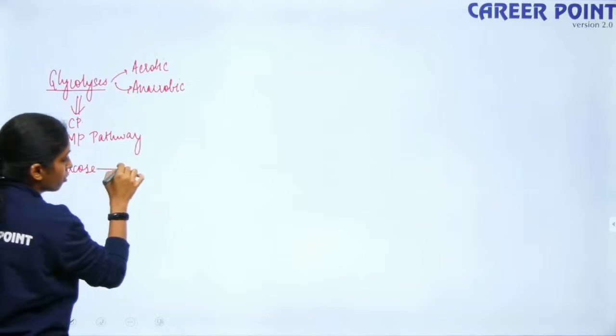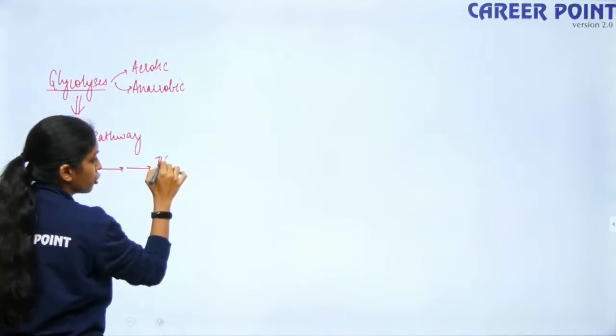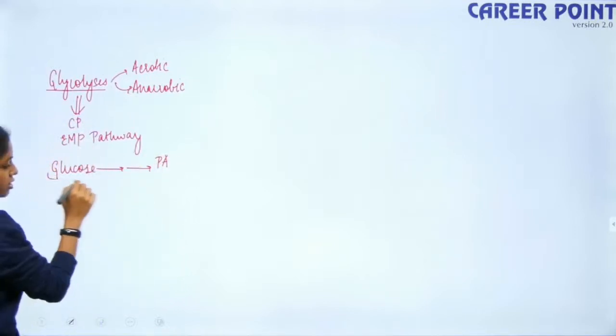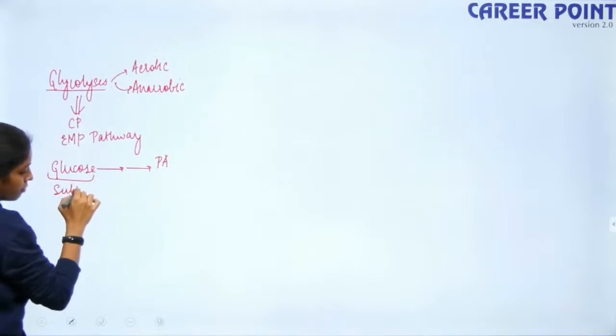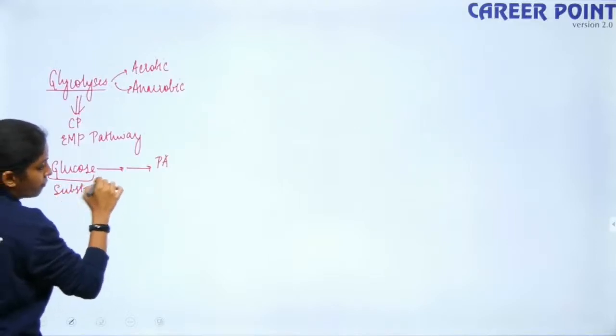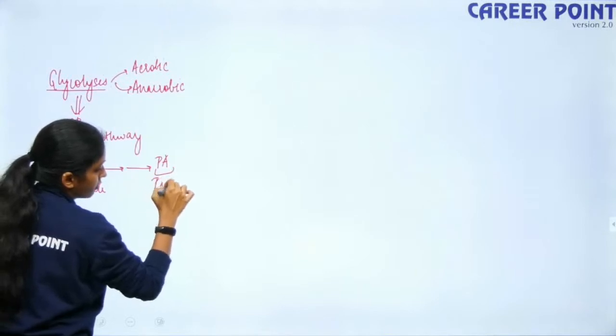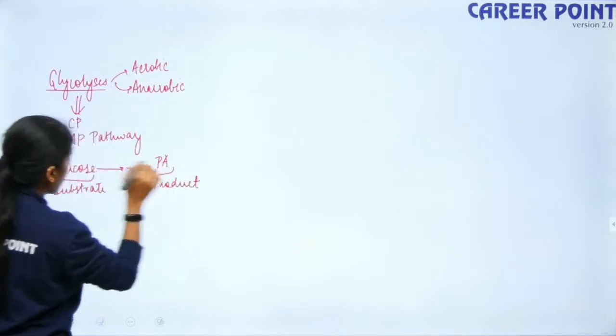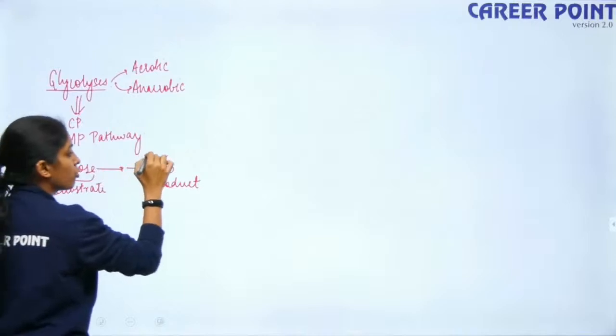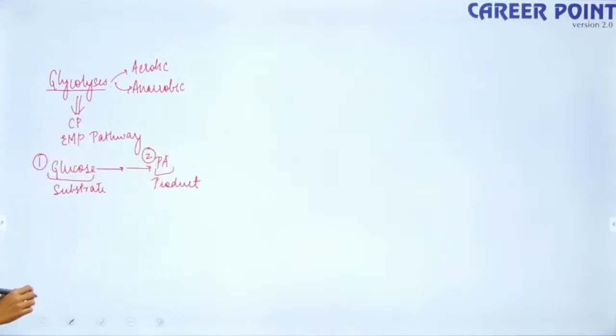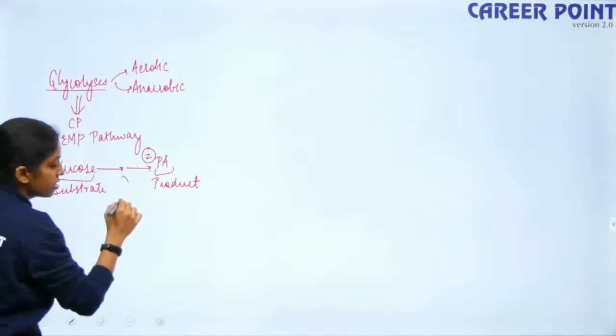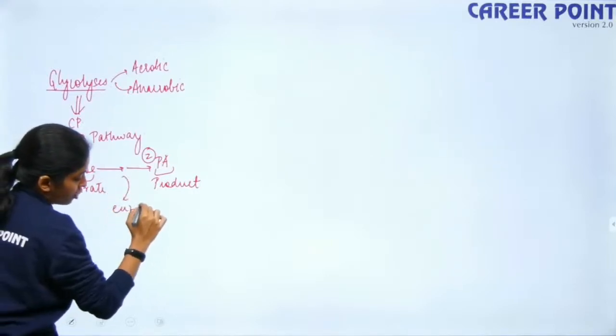Glucose is broken down in a 10-step reaction to pyruvic acid. This is the substrate and this is the product. One molecule of glucose forms two molecules of pyruvic acid. This is the nutshell of glycolysis, and this is an enzyme catalyzed reaction.